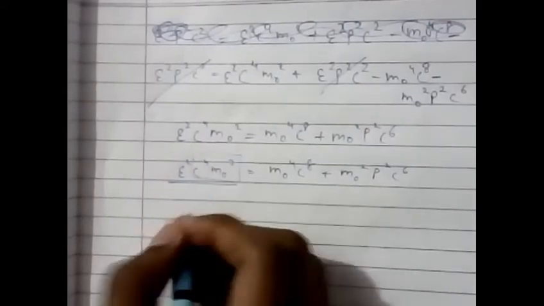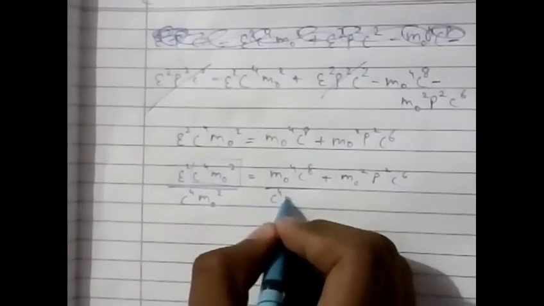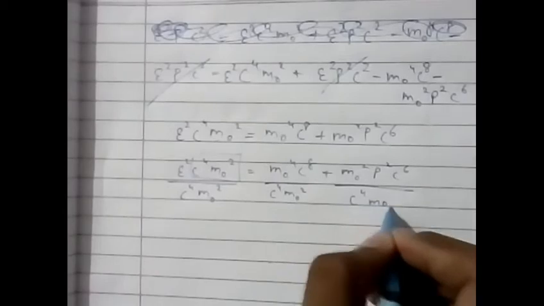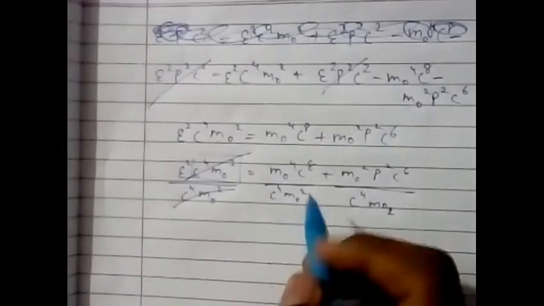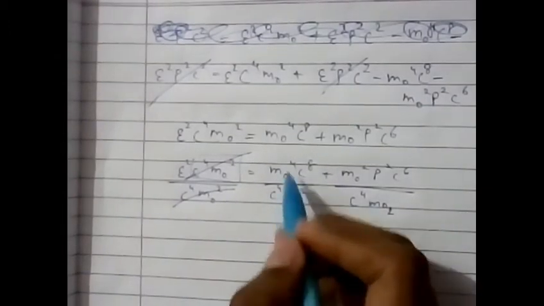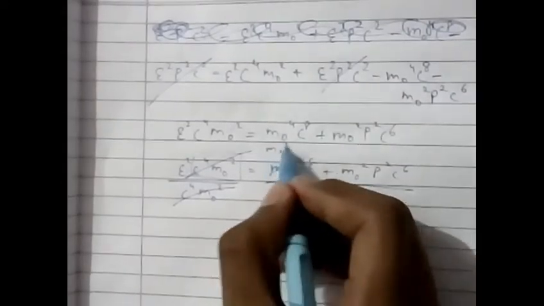So we have to divide everything by this term, C raised to the power of 4 m naught squared equals C. These two will be cancelled out, and here m naught squared, it will leave us m naught squared here.